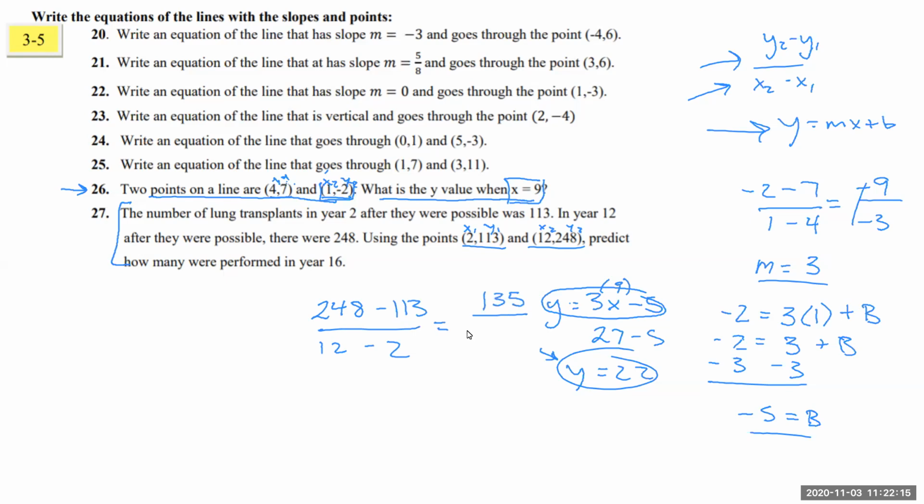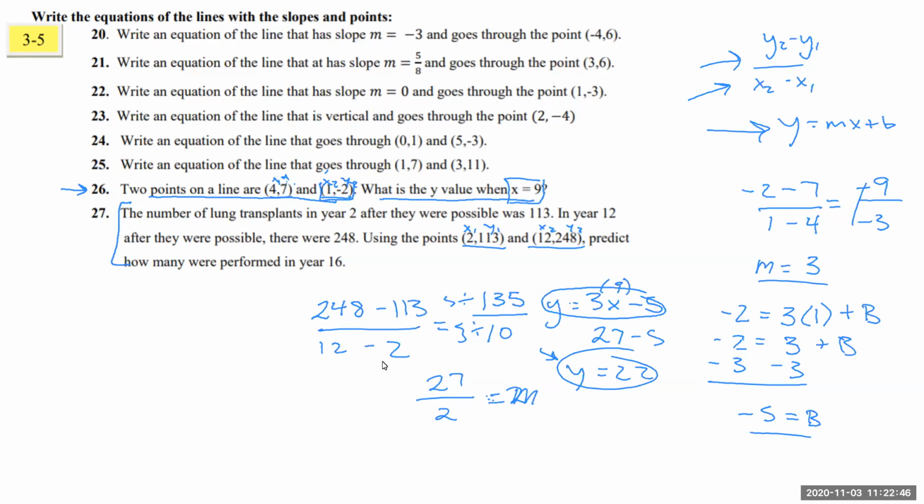So we have 135 on the top, and we have 10 on the bottom. We can simplify this one if we divide both of them by 5. So on the bottom, we're going to have 2, and then on the top, we should have a 27, I believe. Let me plug that in. Yep, 27. So m is going to be 27 over 2.